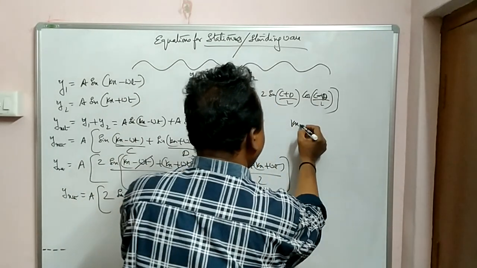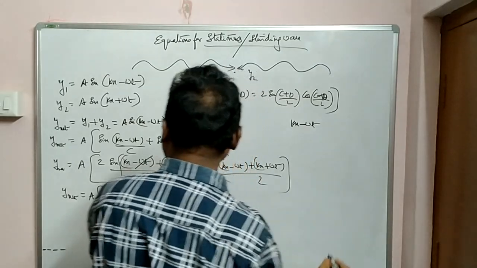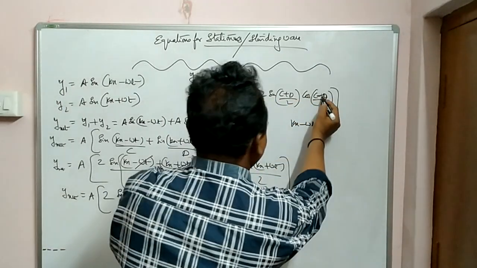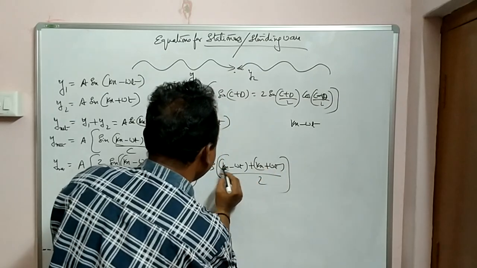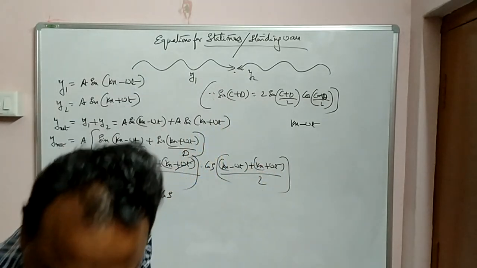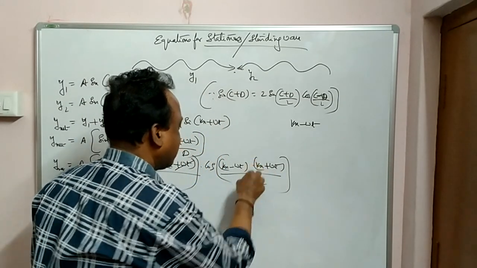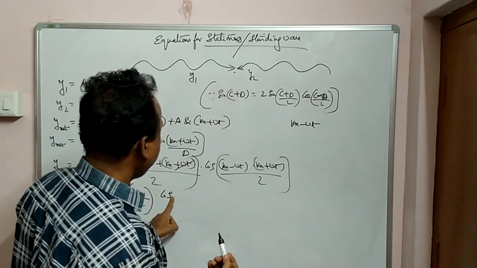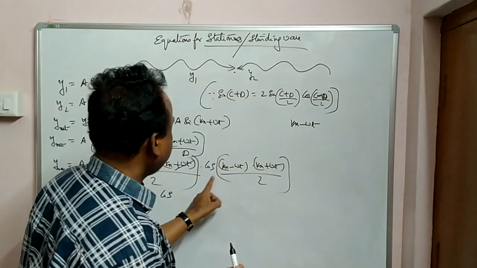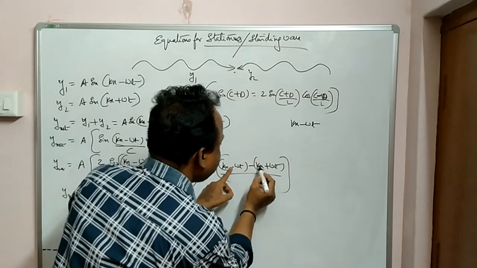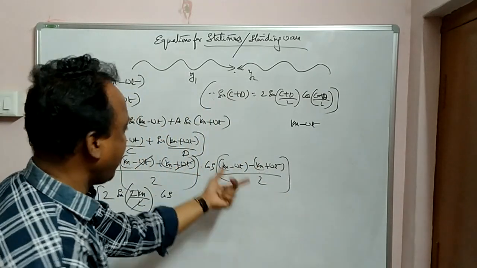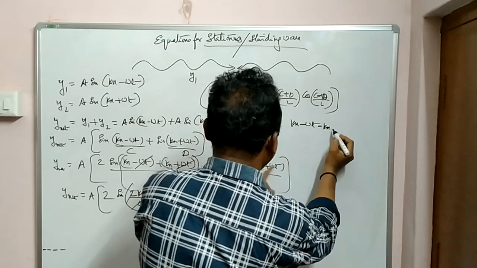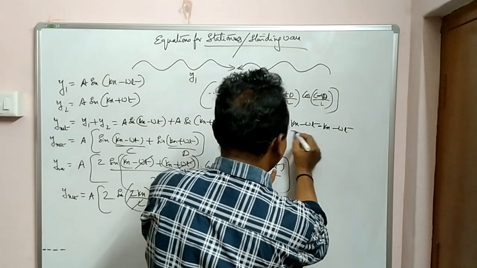I'll write here kx minus omega t. 2 sin (c plus d) by 2, cos (c minus d) by 2. Not plus there, c minus. When c minus goes inside, we'll get minus kx and minus omega t by 2.